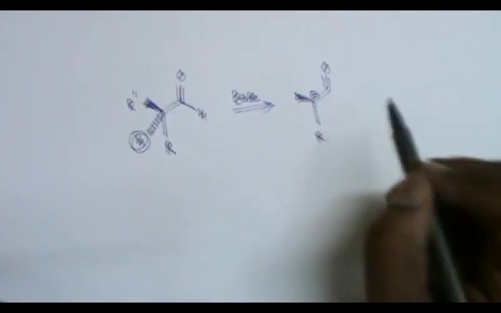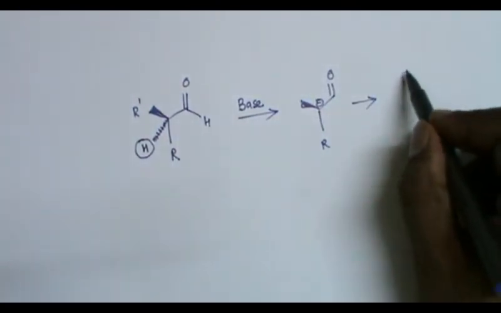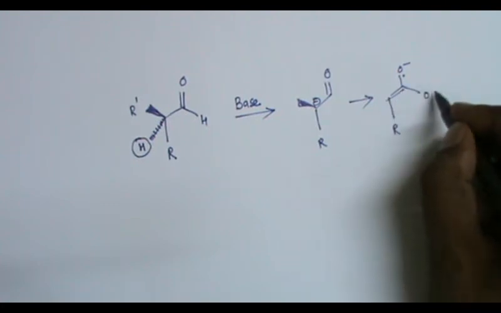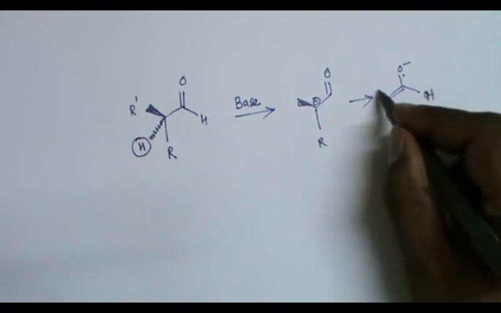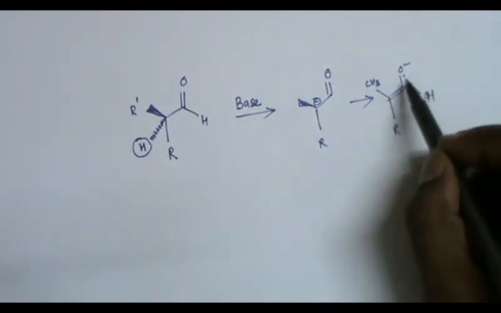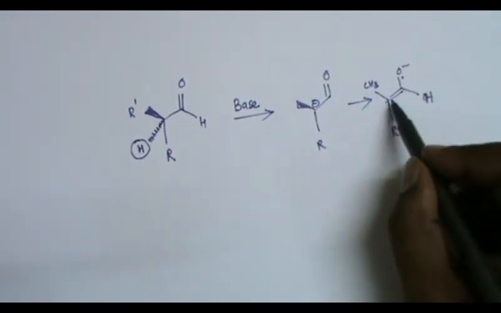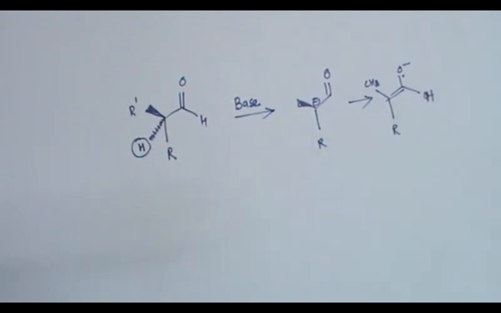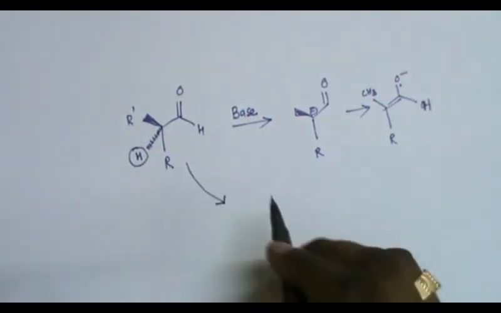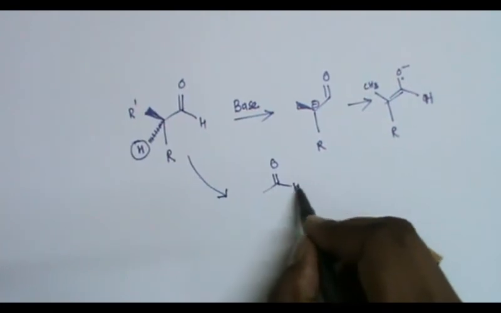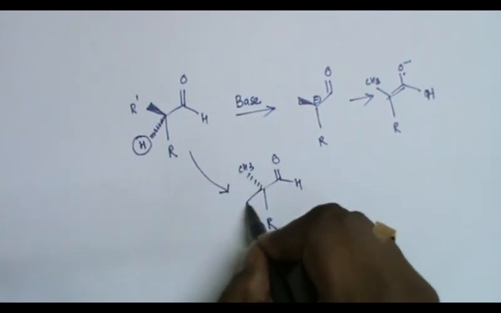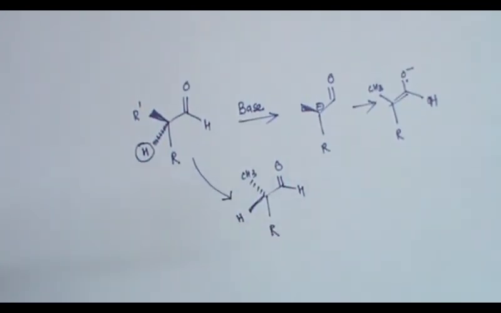I should not draw like this, but still that becomes enolate. Now when it comes back, it can take hydrogen from the top as well as from the bottom. Because of that, the chiral center is destroyed. Finally, the product, whatever you get, will be a racemic mixture of these two compounds.